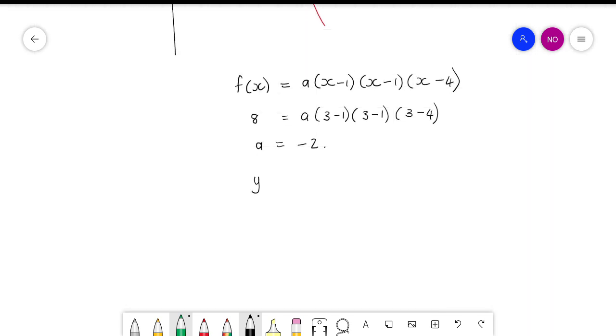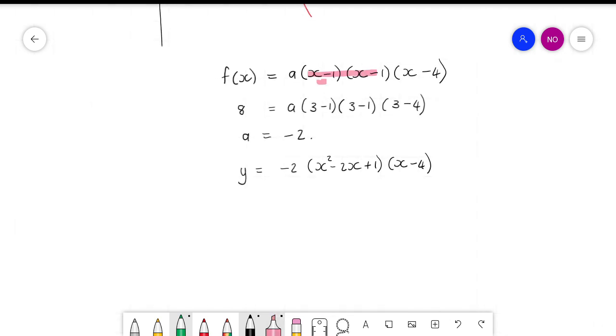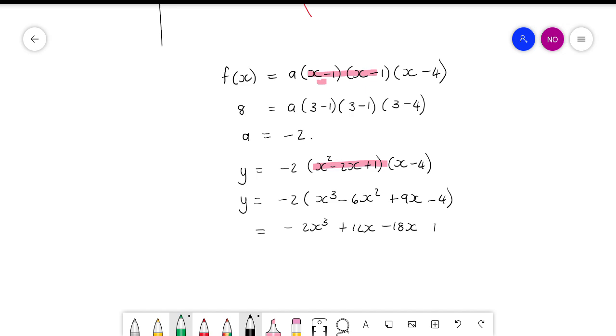En dan gaan stel ons hom net terug en ons maal hom uit. Daai is maar net daai 2 hakies wat ek mekaar gemaal het. En ons maal hom in. Net betyds.